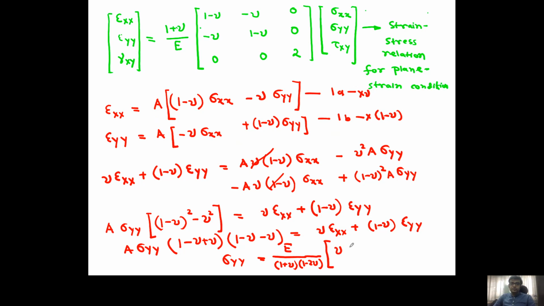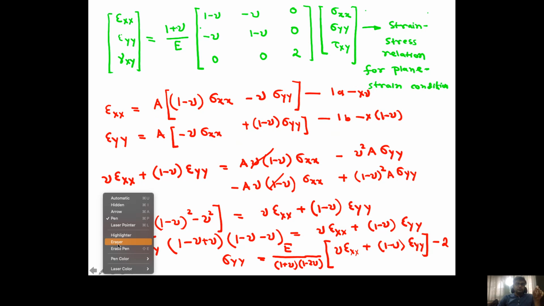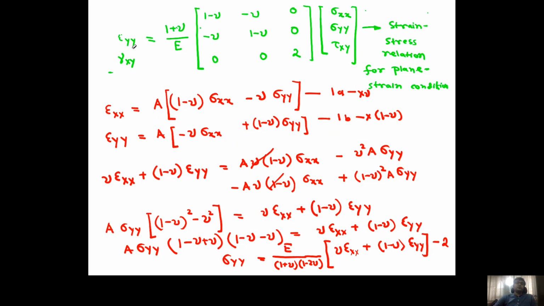Nu epsilon xx plus 1 minus nu epsilon yy. So this is the relation. I wrote 1, so let me write it down as 2. Now I'm going to remove everything else except this final form. So let me erase all this, as this is no longer required.